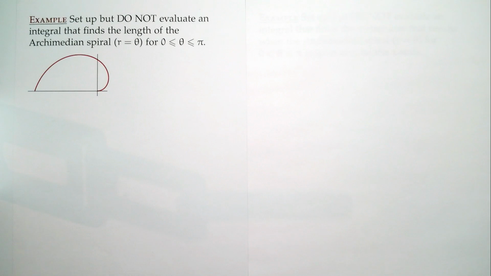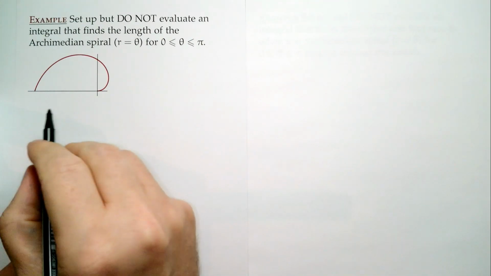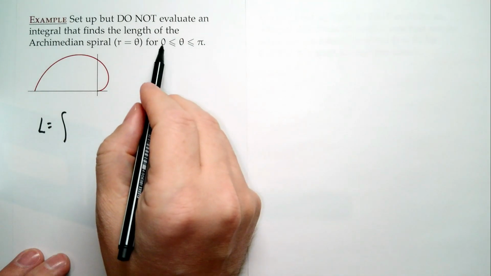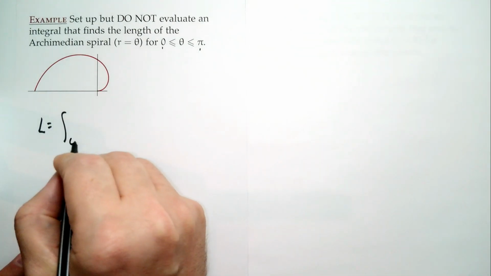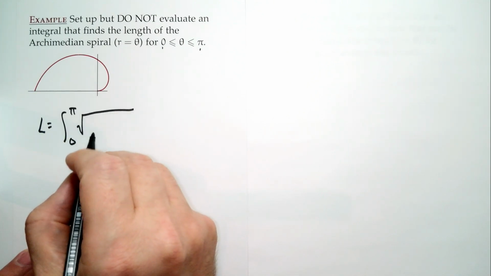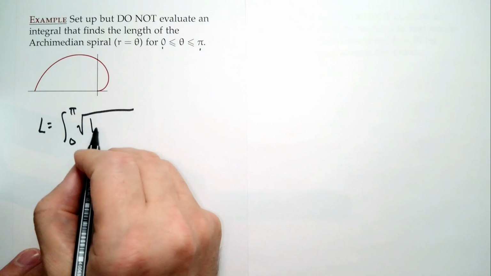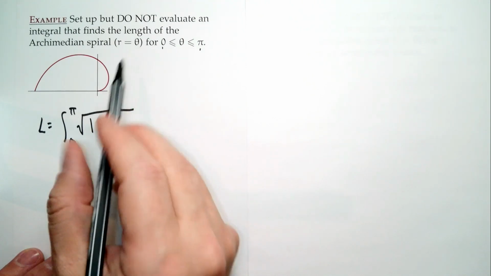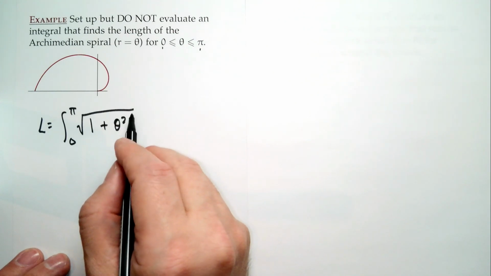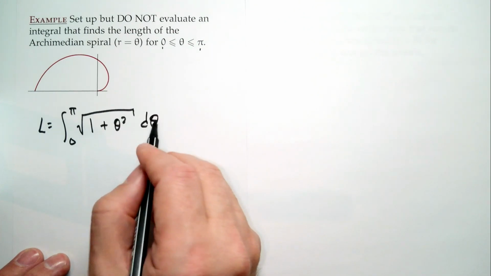All right. So there's not a lot for us to do. Length is the integral, from starting angle to ending angle, 0 to pi, of the square root of 1, because the derivative of theta is 1, and you square that, plus theta squared, d theta.